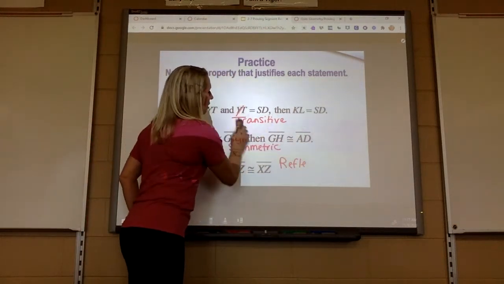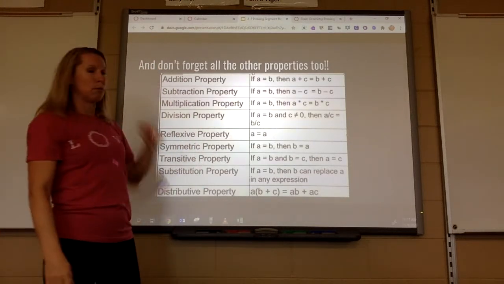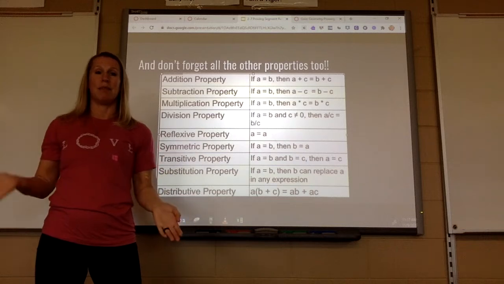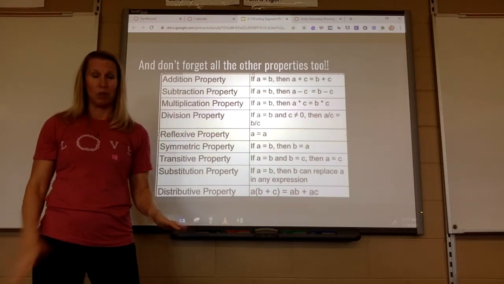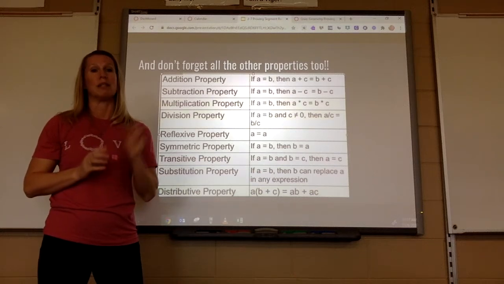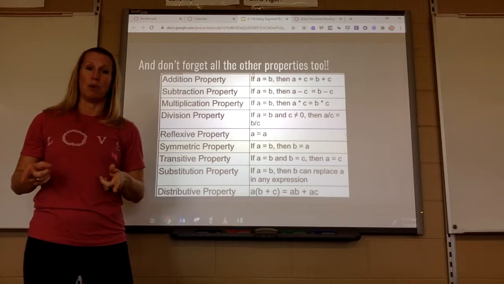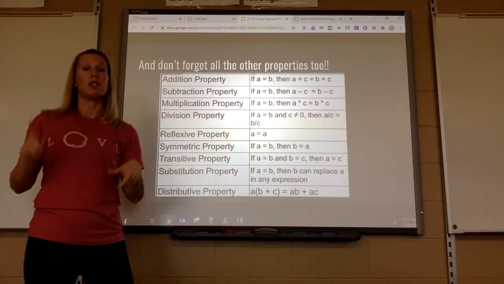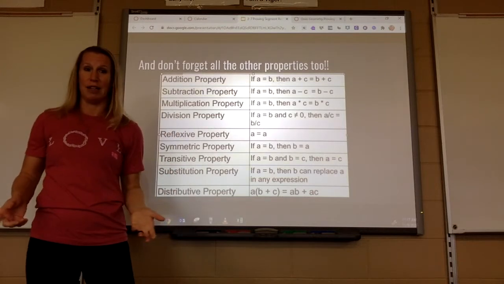Another quick reminder, make sure that you know all the different properties. Addition property just means you're adding the same thing on both sides. That is not combining like terms. Remember, we call combining like terms simplify. So addition property is when you add the same thing on both sides. Subtraction when you're subtracting on both sides. Multiplication when you're multiplying on both sides.